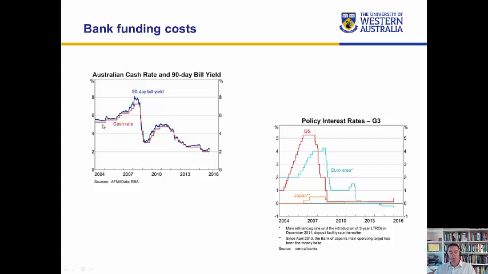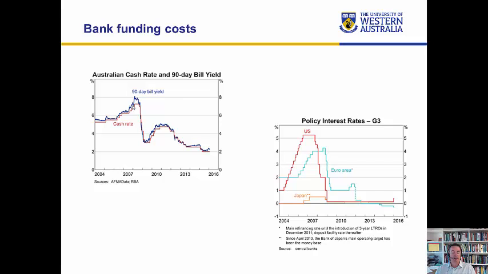What we've got here is an increasing cash rate through 2004, 2005, 2006 and 2007 as well. As that cash rate increased on the left-hand side of this diagram, it actually increased the 90-day bill interest rate as well. The bill interest rate is short-term debt, because it's only a 90-day period.